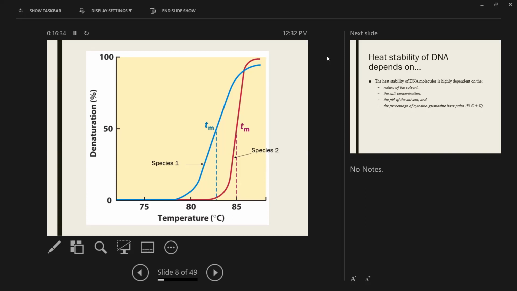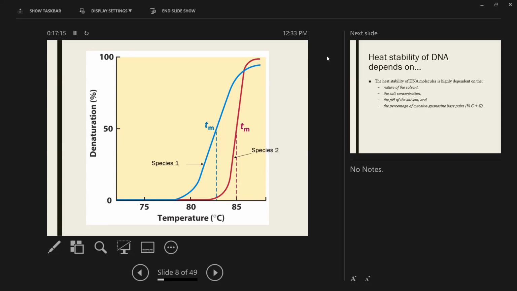So some DNAs melt faster. Right, exactly. So this one here is at a higher temperature. That one's either bigger, more GC content, whatever. These are the ones being studied in this manner.